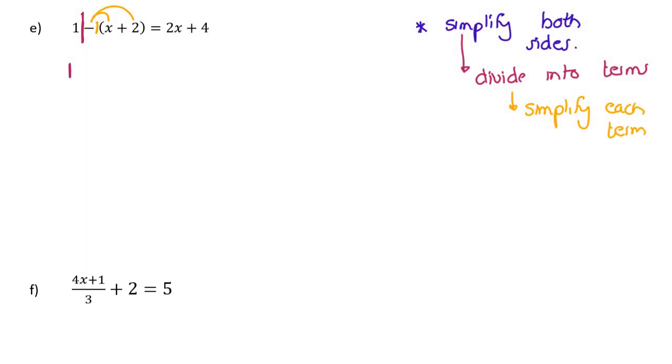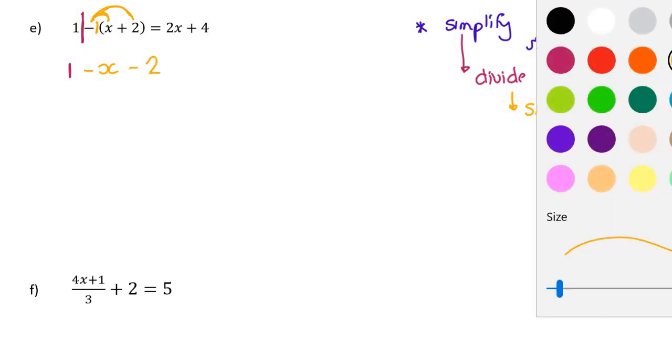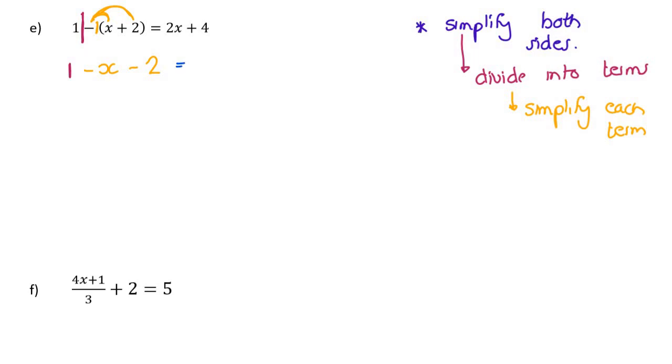So in this question, I get minus x, or minus 1x, and then minus 2. And the other side of the equation actually is already simplified. I can't get any better. Now, personally, I don't think that left-hand side is simplified yet, because I prefer to add like terms before I start solving my equation.